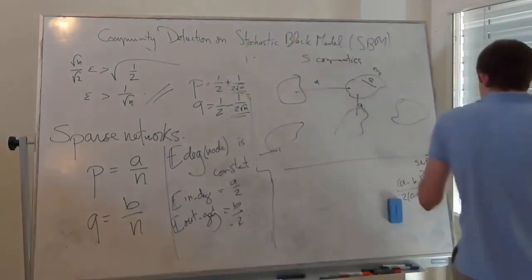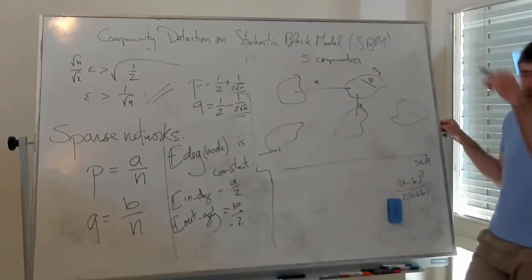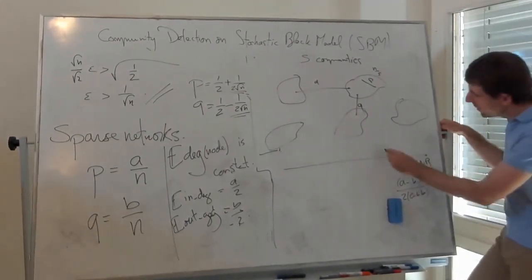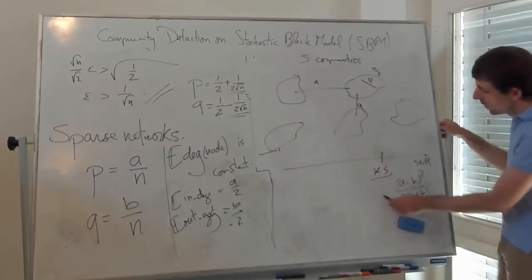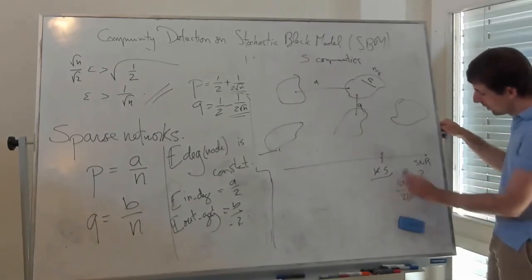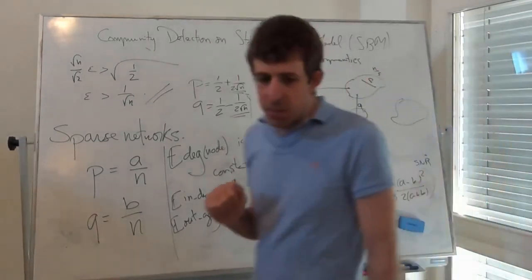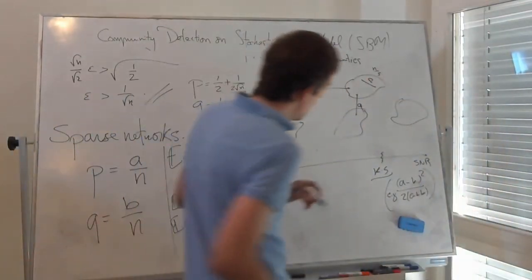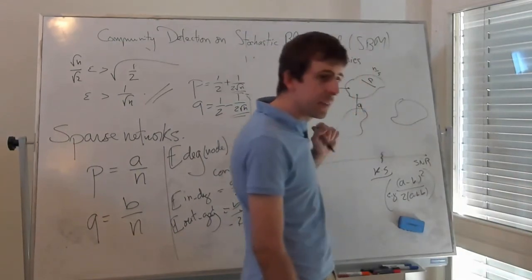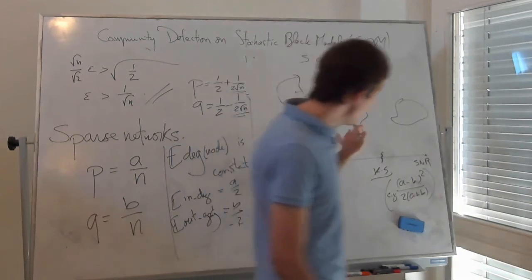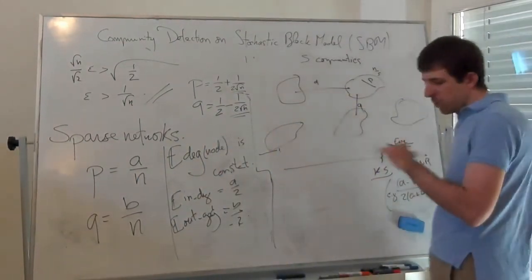Now, it turns out that this really fascinating phenomenon happens for 5 communities or more. There is a place, known as the Kesten-Stigum threshold, that corresponds to something like this. For K communities, there's no point in writing exactly what it is. But there's a point above which the fixed point becomes stable, and we believe that here the problem is easy, in the sense that it can be done with efficient algorithms.